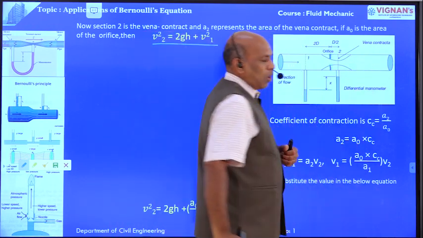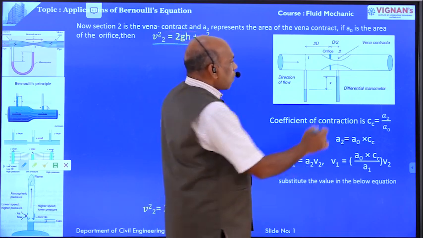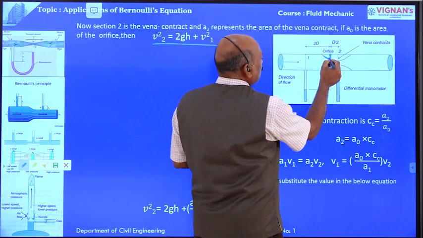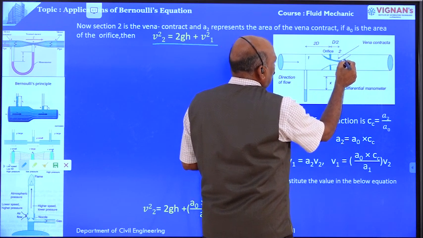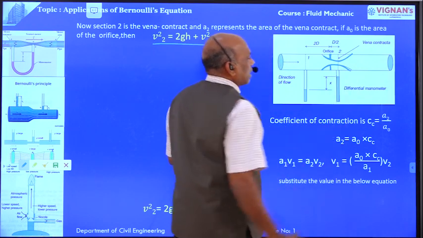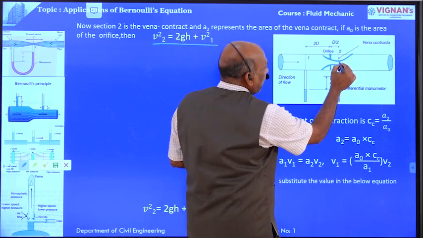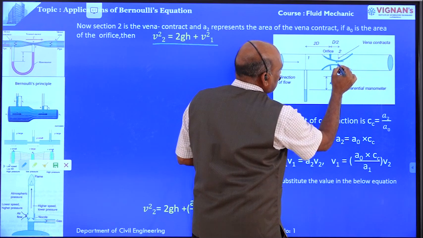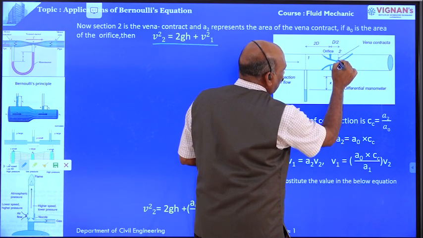This is the orifice. Because of the orifice, the cross-sectional area gradually reduces here and increases here. We have taken section 2 at the reduced cross-sectional area, that is at the vena contracta.